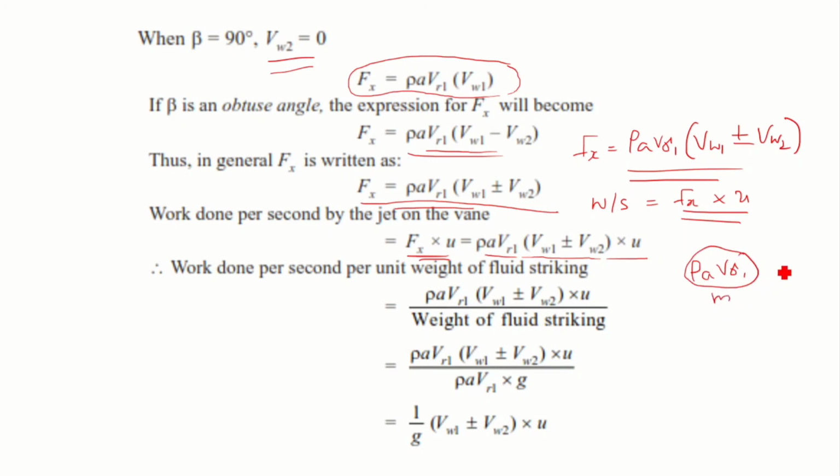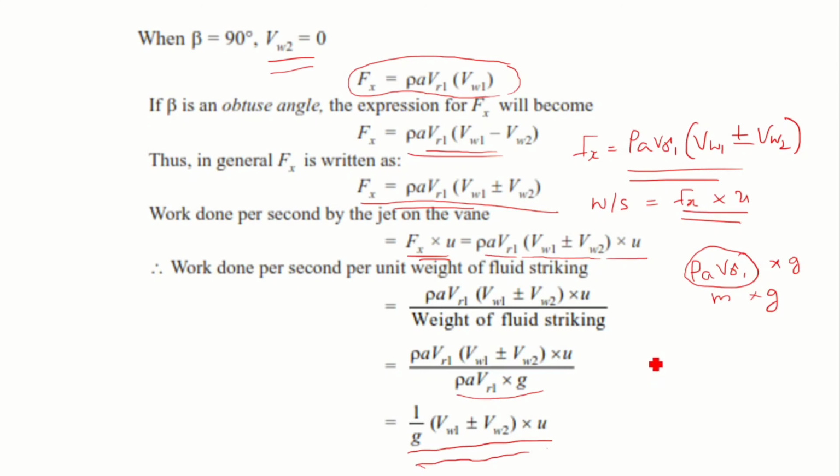Weight of fluid is rho A VR1 into g. So the final equation becomes 1 by g into VW1 plus or minus VW2 into U. This is the work done per second per unit weight of fluid striking.